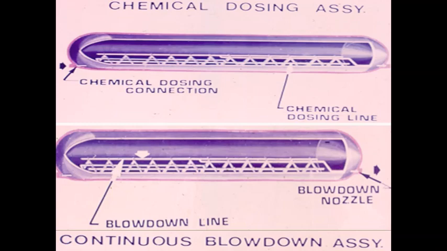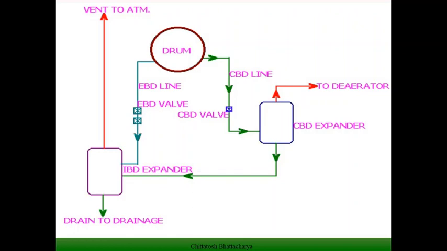So we continuously monitor the silica concentration in the boiler drum water, and it should be within the 4 ppm level or below that.